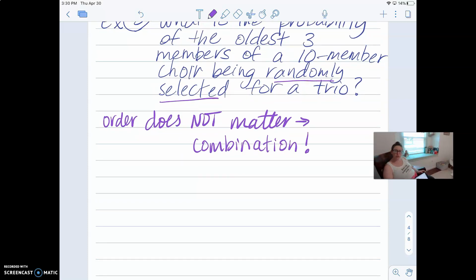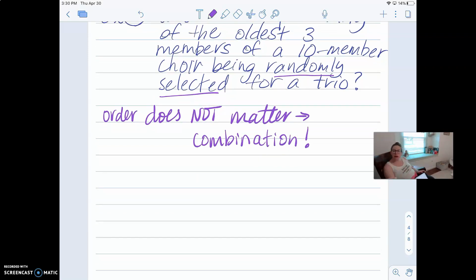Okay, so before we do anything with probability, we need to figure out the total number of ways I can choose 3 out of 10. That can be written like that, or more commonly, 10C3, 10 combination 3.